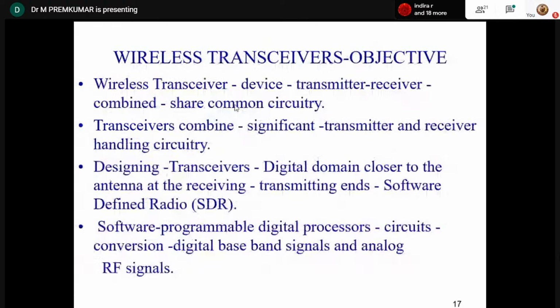So the wireless transceiver shares a particular common circuitry. So you can combine a single circuitry for being a transmitter and a receiver. And the most commonly used application which I would like to stress is the software defined radio. So everything is programmable.